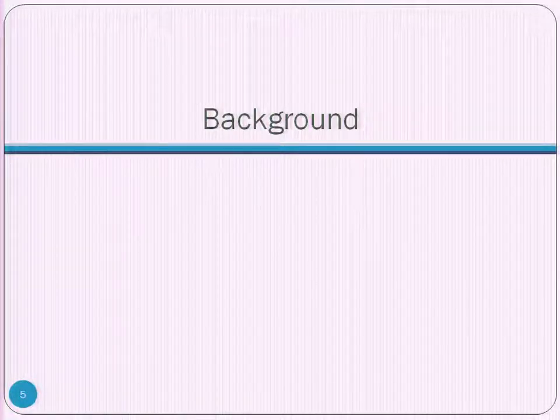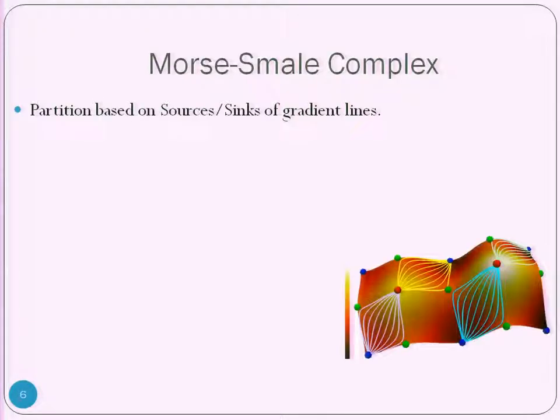Moving on. Now, just to give you some relevant background, the Morse-Smale complex, we earlier defined it as a partition based on the sources and the sinks of these gradient lines. The sources and the sinks of the gradient lines are commonly known as critical points, and they are precisely points where the gradients vanish.